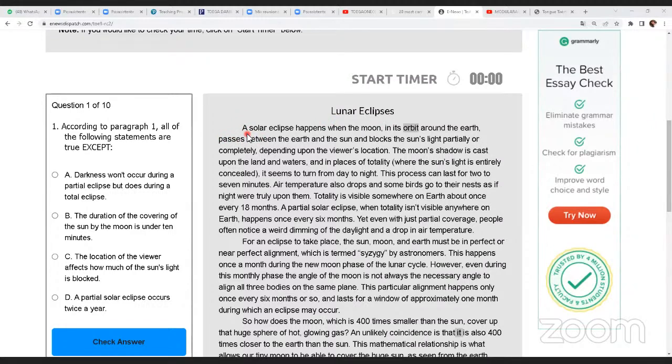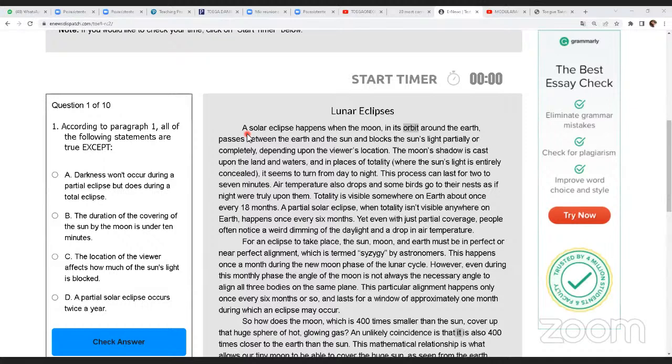A solar eclipse happens when the moon, in its orbit around the Earth, passes between the Earth and the Sun and blocks the Sun's light partially or completely, depending upon the viewer's location. The moon's shadow is cast upon the land and waters, and in places of totality, where the sun's light is entirely concealed, it seems to turn from day to night. This process can last for 2 to 7 minutes.